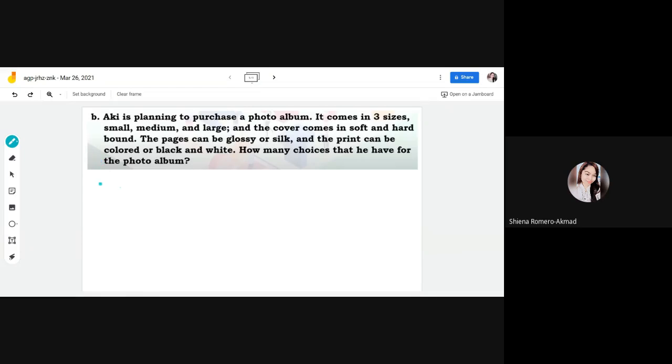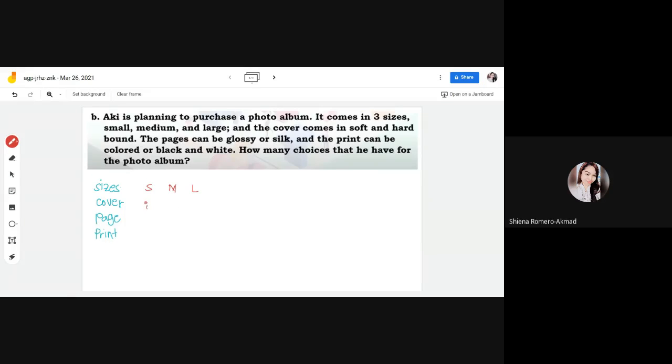So, meron tayo dito ang sizes. Ano pa? Yung klase ng cover. Yung klase ng page. At yung klase ng print. Right? So, sa sizes, pwedeng small, medium, or large.